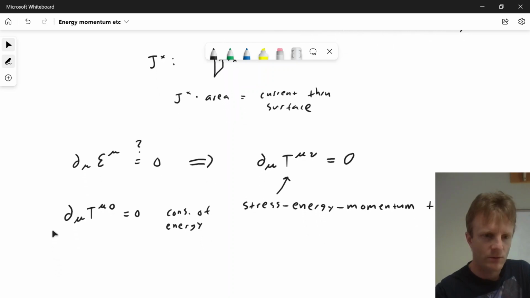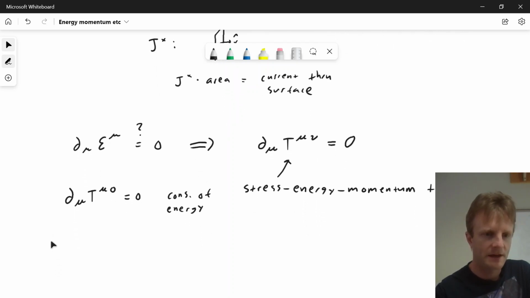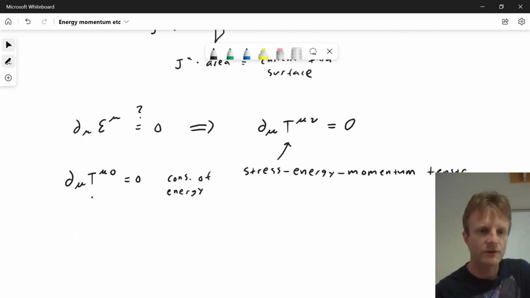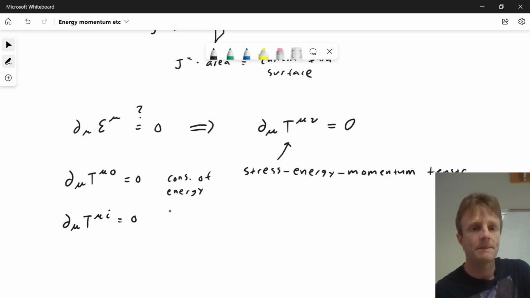And then the way all this ends up playing nicely with Lorentz transformations is that the spatial components, del mu T mu i equals 0, are conservation of the ith spatial component of momentum.